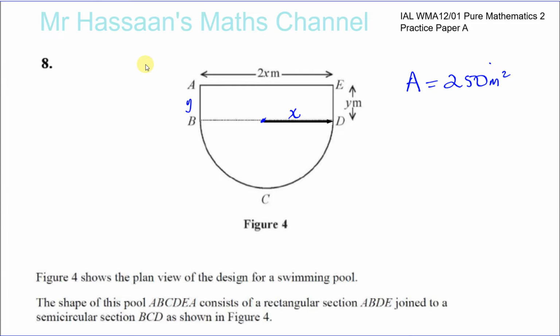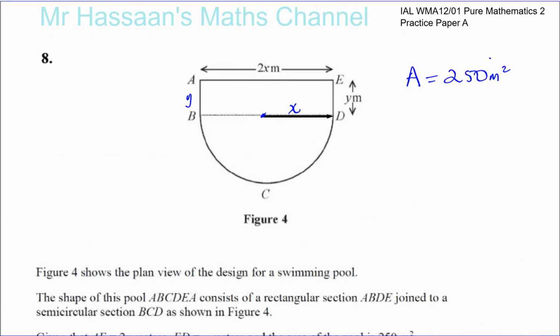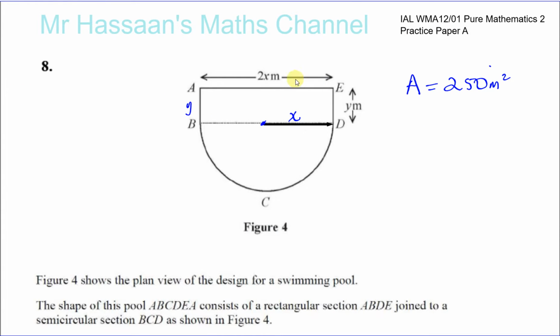Sometimes it could be anything. So in this particular case, it's the area and the perimeter that they told us to consider. So we're going to end up with two different equations, one for the area, one for the perimeter. And when we combine them together, we should end up with what they ask us to give.